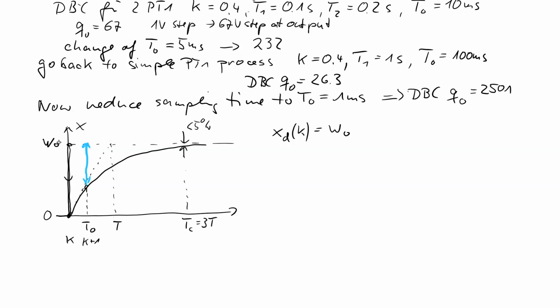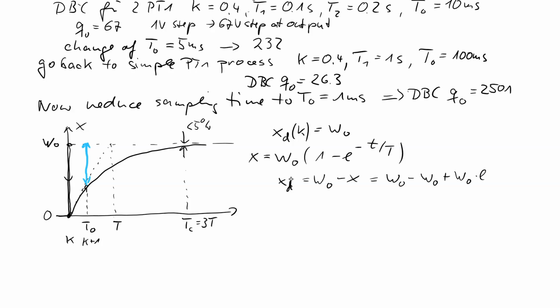If the black curve has the behavior 1 minus e to the power of minus t over T, that is the x output, then we know the control difference of the system is the difference between desired value and actual value. And if we put both equations together, then we get W0 minus W0 times 1 plus W0 times e to the power of minus t over the process time constant.